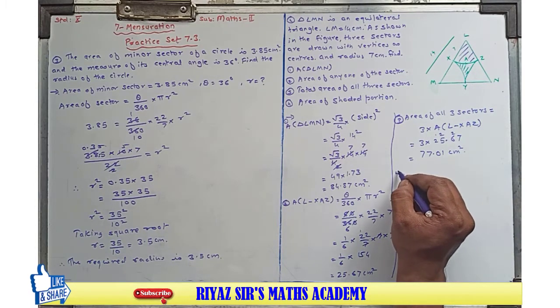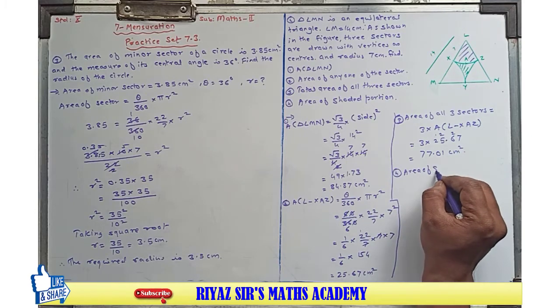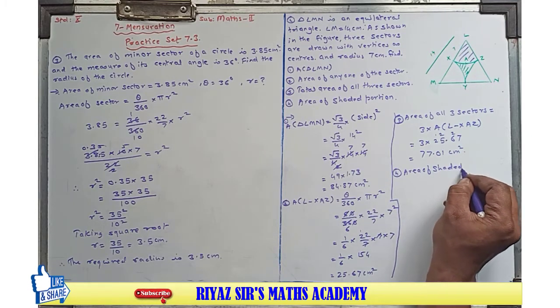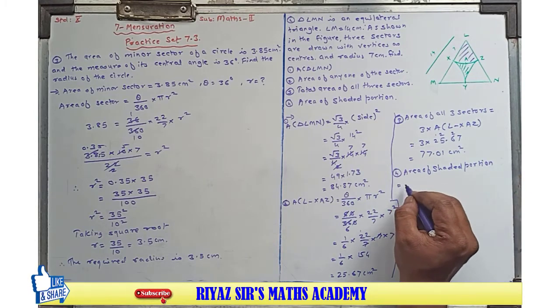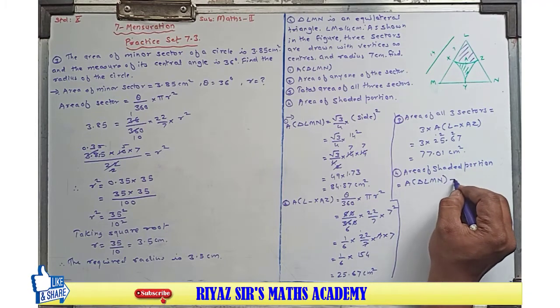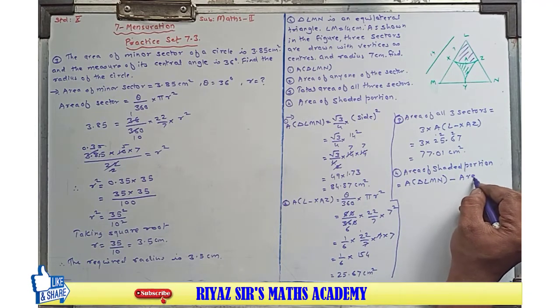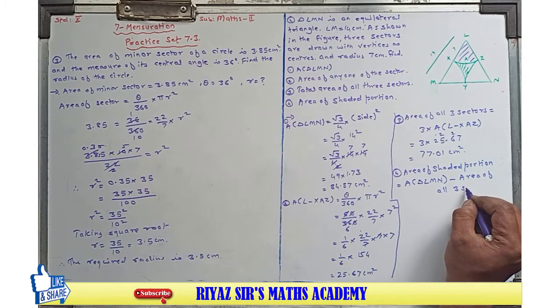And now fourth one, area of shaded portion. Area of shaded portion is equal to area of triangle LMN minus area of all three sectors.